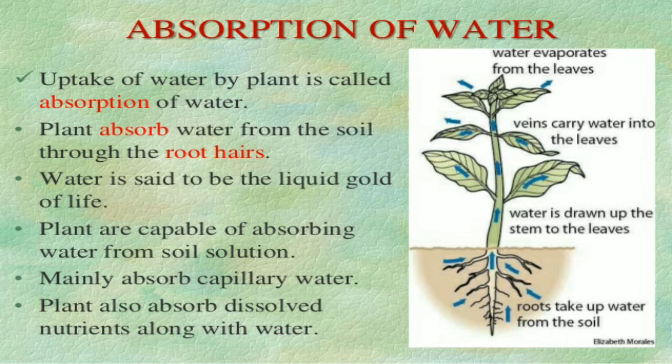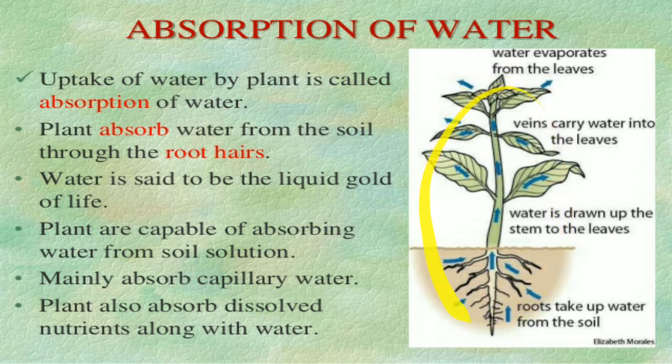Plants are capable of absorbing water from the soil solution. They mainly absorb capillary water, and plants also absorb dissolved nutrients along with water. Here we also see photographs of plants and roots.